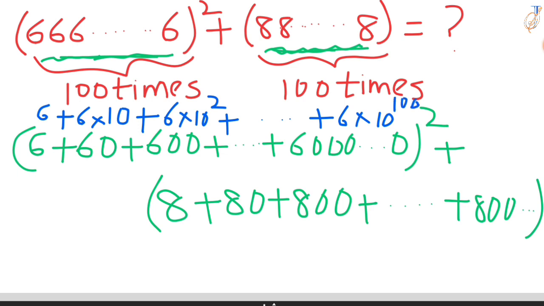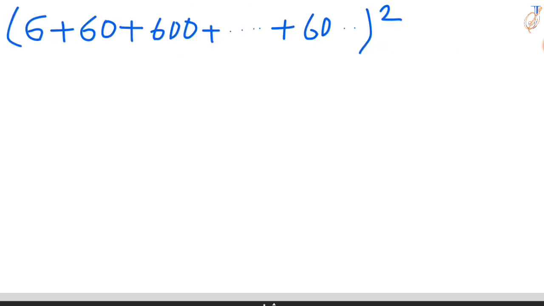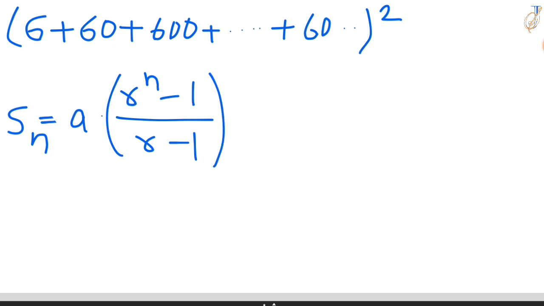After splitting 60 into 6 times 10, 600 into 6 times 10 square like that, it is in the form of a plus a times r plus a times r square and so on plus a times r power n. It's in the form of sum of n terms of geometric progression. Sum of n terms of GP, the formula is a times r power n minus 1 by r minus 1. This is the formula of sum of n terms in GP.